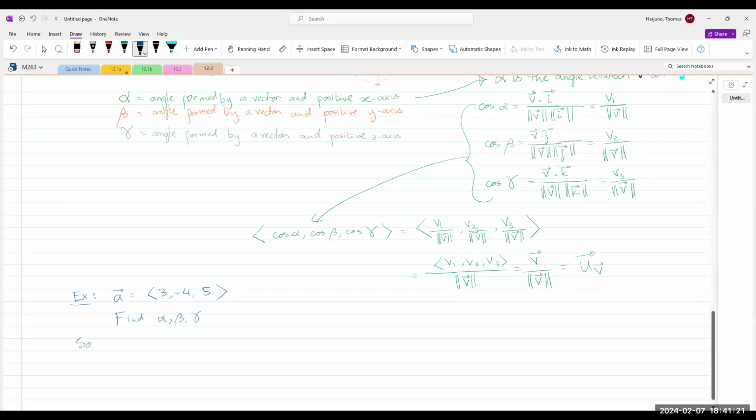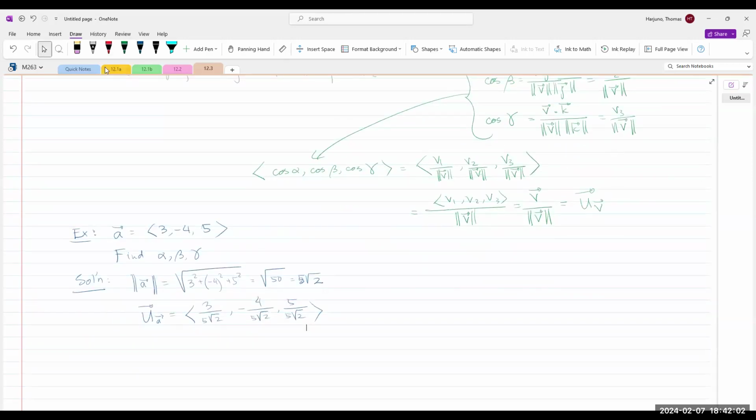The way we do it, if you want to do it all at once, you find the magnitude first, which is square root of 50, I believe, 5 square root of 2. So the unit factor of factor a is 3 over 5 radical 2, negative 4 over 5 radical 2, and 5 over 5 radical 2.